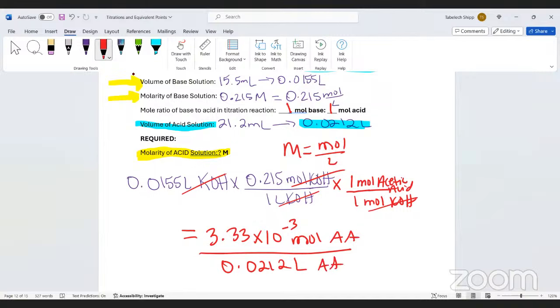Let's divide that and see what we get. Okay, our final answer here is 0.157 molarity. That is the molarity for the acetic acid that we were asked to calculate.